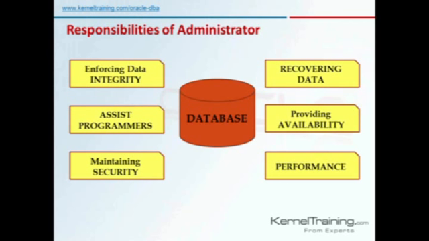So that is also the main job of your database administrator. The next job is providing availability. What do we mean by providing availability? Suppose it is a bank database, an ICICI bank database, and you have ATMs.